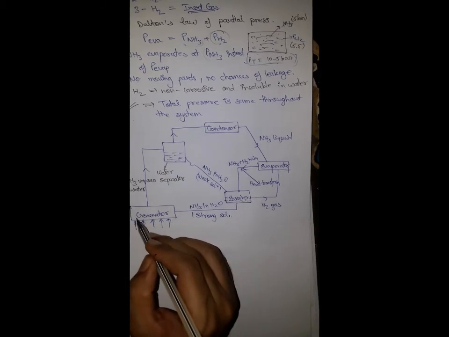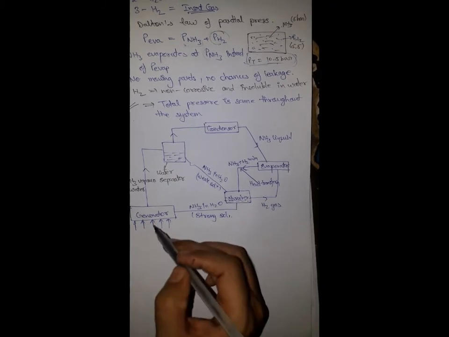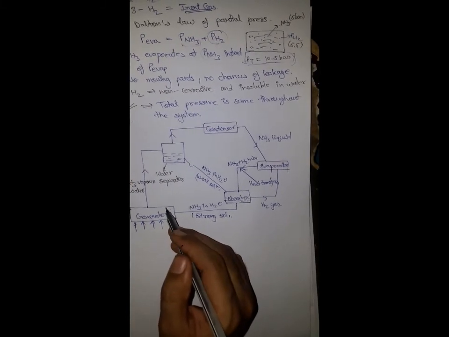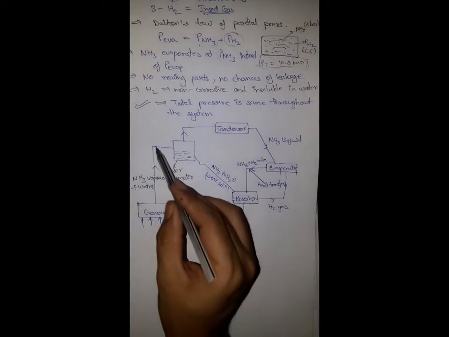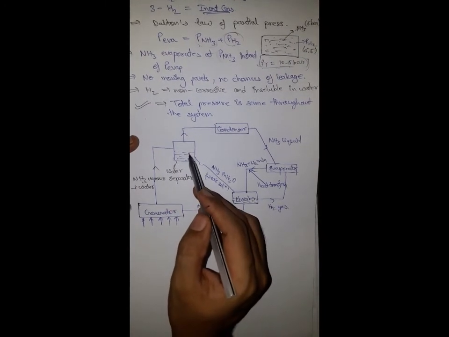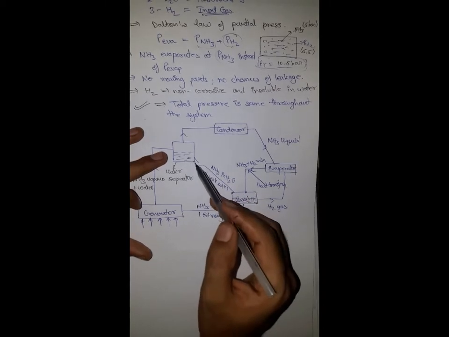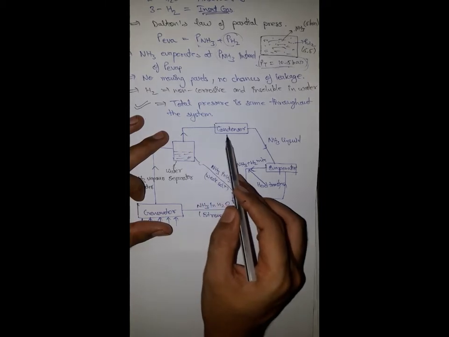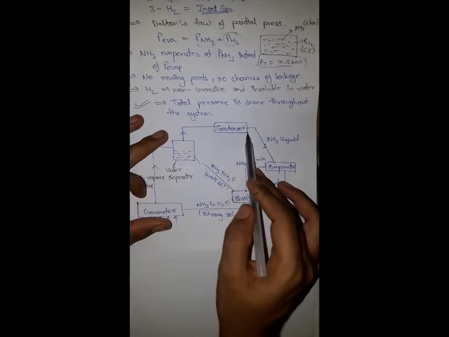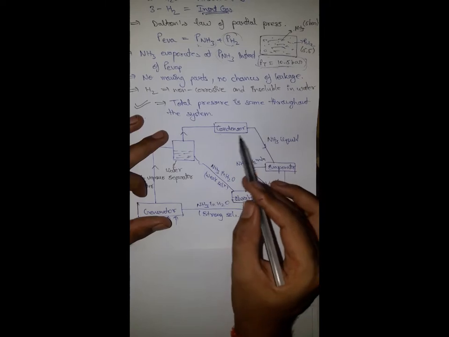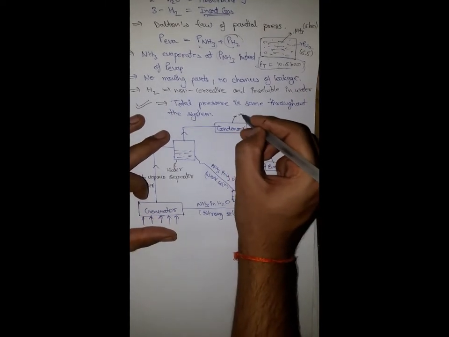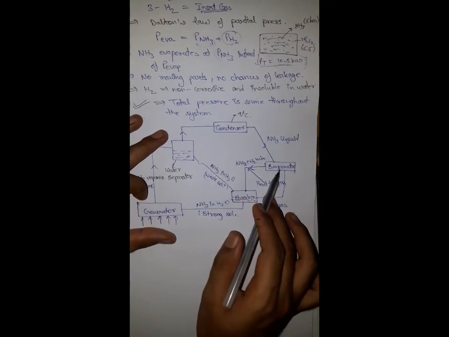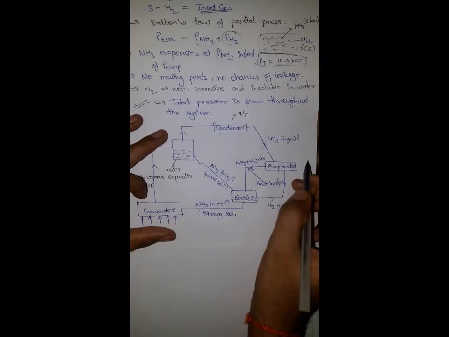Now from the generator, what happens? Heat is supplied, and because heat is supplied, the ammonia and water solution gets vaporized, and this vaporized solution goes to this water separator. In this water separator, water is separated out, and only ammonia vapors pass to the condenser. Now from this condenser, after rejecting heat, let us say QC amount of heat is rejected, the ammonia converts into liquid form and goes to the evaporator, and from the evaporator it absorbs heat.